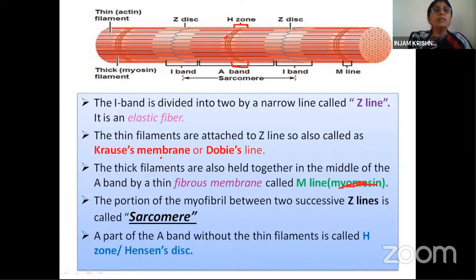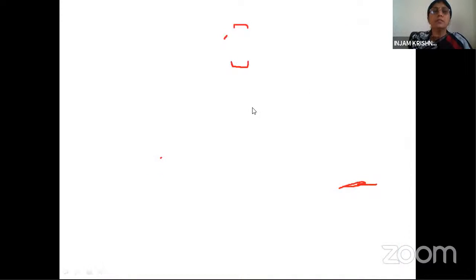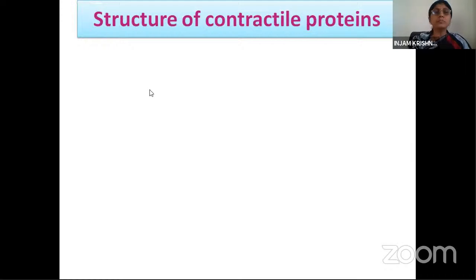We will move to the next topic: structure of contractile proteins. Already we discussed them, I just mentioned the names.